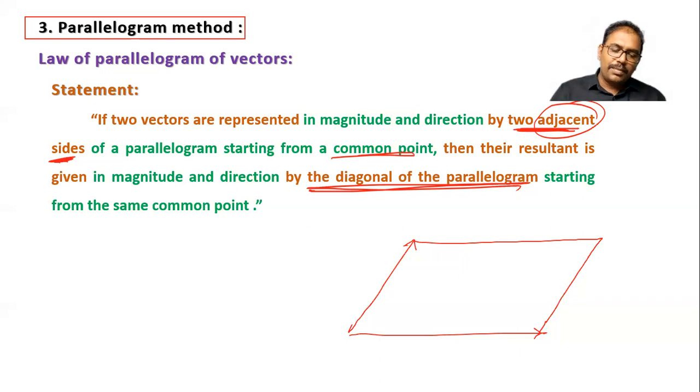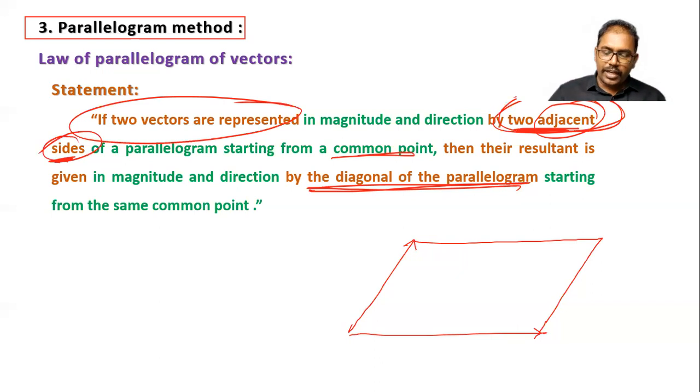So here two vectors are represented by two adjacent sides. You can see this is the first side P bar, this is the second side Q bar, adjacent, starting from a common point. You can see P and Q are starting from a common point. Then their resultant in magnitude and direction is given by the diagonal. So their addition, their resultant, is a diagonal.